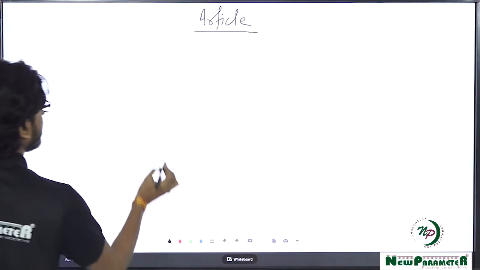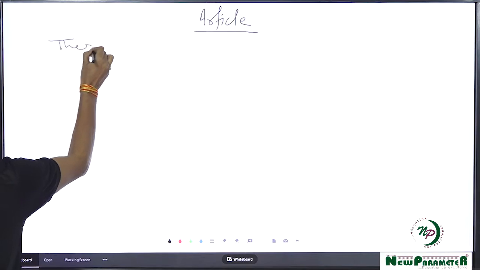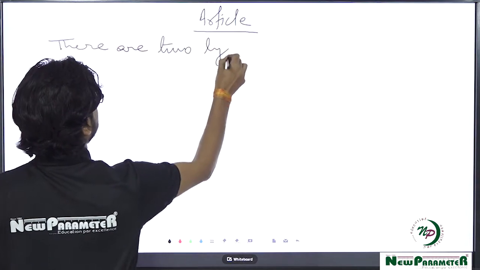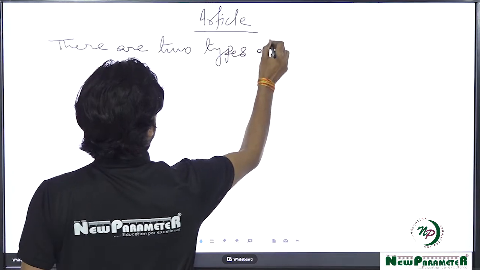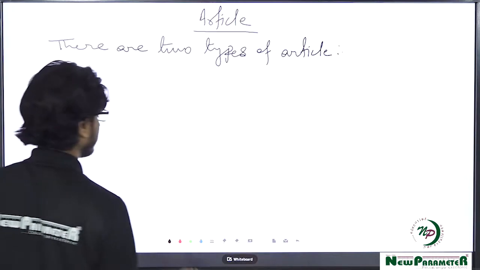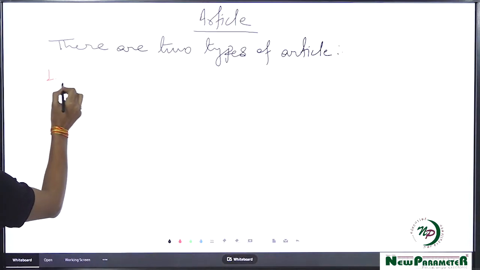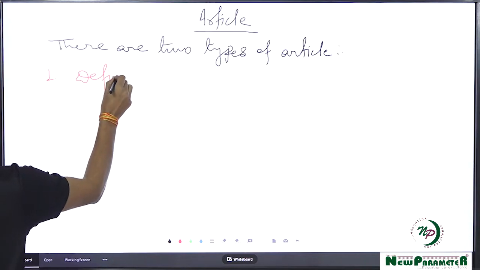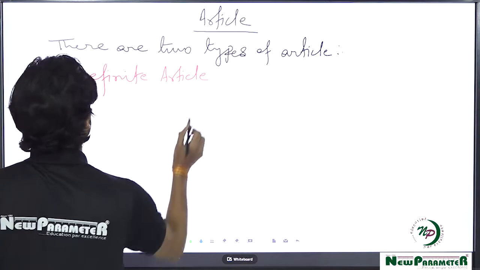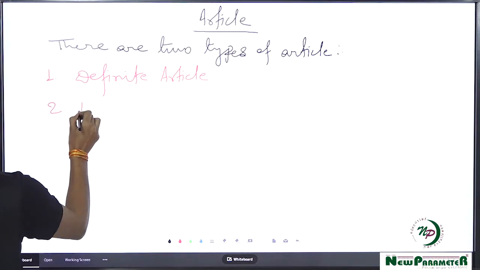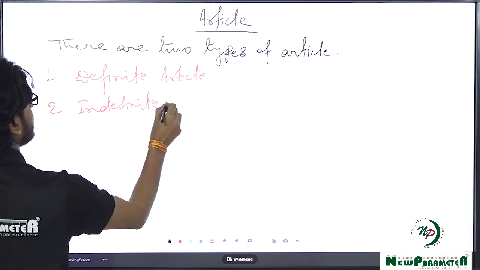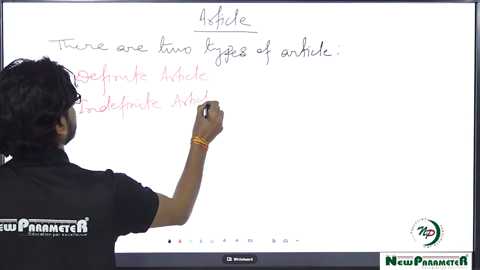Article. There are two types of article. First one is definite article and the second one is indefinite article.